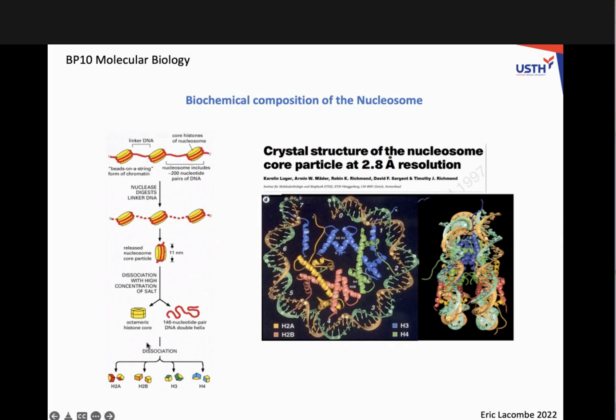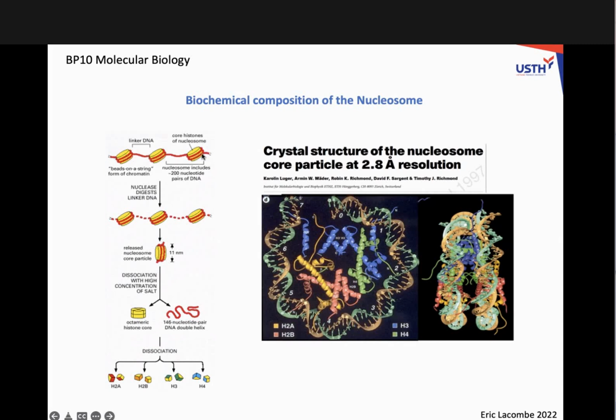On the left, you've got the schematic strategy that was used to understand how the histones are structured in the nucleosome. It's a quite straightforward strategy. The researchers took DNA, and we can extract DNA without removing the proteins that are directly linked to it.